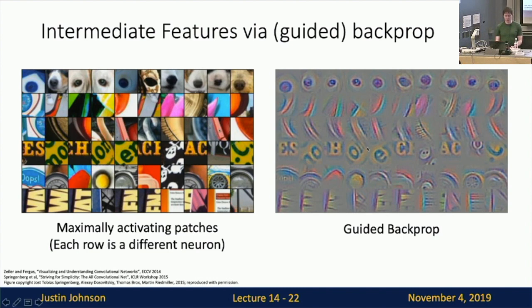Remember on this top row, our human intuition was that these neurons were looking for dog noses or eyes in these patches. Now with guided backpropagation, we see that indeed the pixels corresponding to the interior of those eyes are the ones that matter for this neuron value. Similarly for this text neuron at the bottom, it is indeed the pixels of the text that are causing this neuron value to change. So that gives us some additional intuition about what these neurons are looking for.